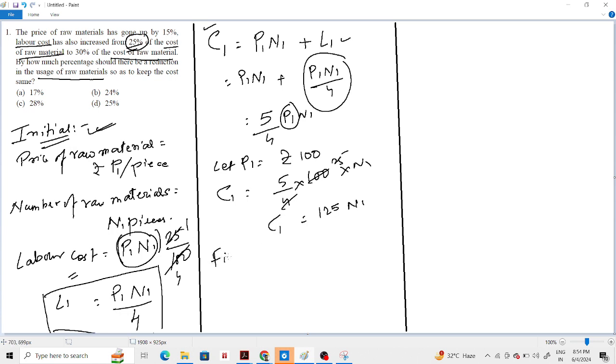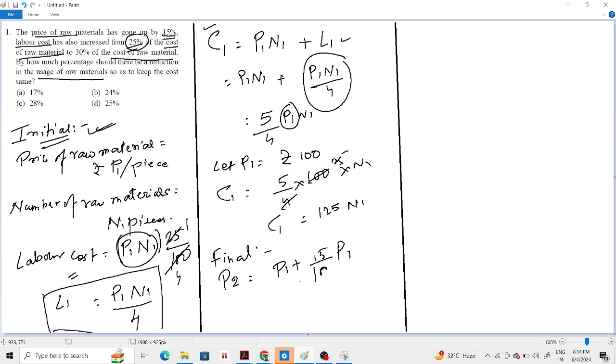Now the final one, what is the final thing? It is given that the price of the raw material has gone up by 15%, increased by 15%. This is just the concept that I taught you in the beginning. So what is the new price of material? That is P1 plus 15% of P1, right?